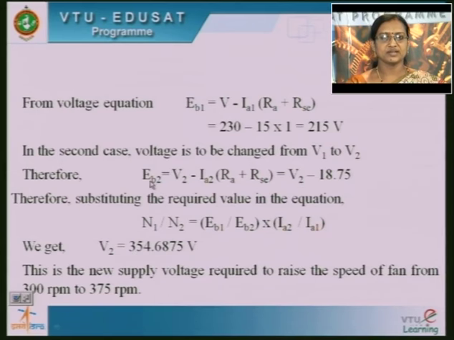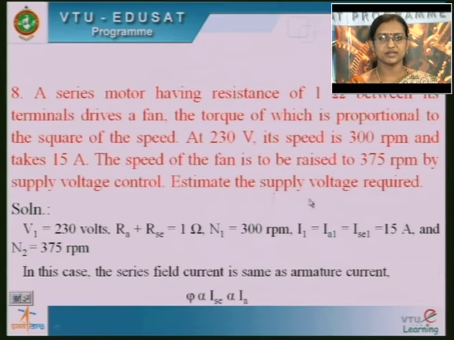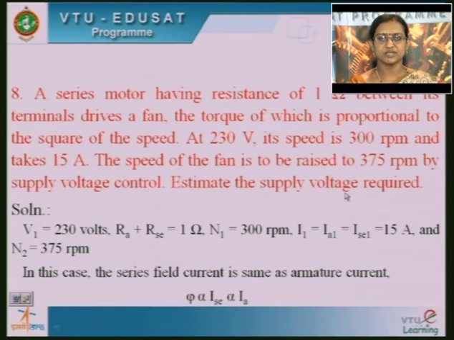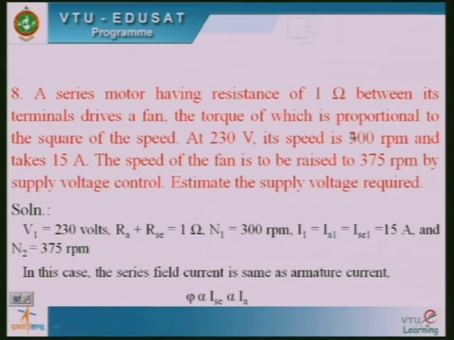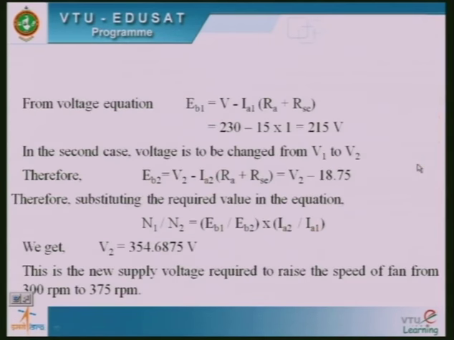Similarly, you calculate Eb2, because the voltage is changing from V1 to V2, and that is the aim of our problem: estimate the supply voltage required to increase the speed of this fan from 300 rpm to 375 rpm. So, Eb2 is equal to V2 minus Ia2 times Ra plus Rse. When you substitute the values, Eb2 is equal to V2 minus 18.75.